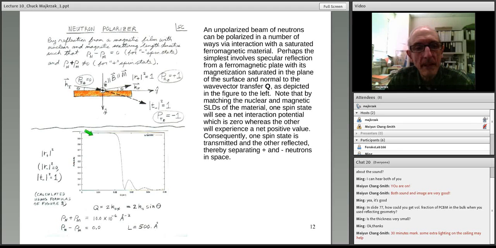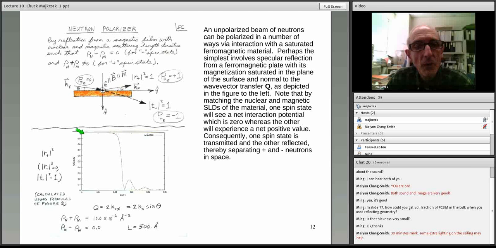So if I pick the materials, the nuclear and magnetic parts, to be such that these are equal, one of the spin states will effectively see no film, and the beam will go straight through that film, totally undeviated. The other spin state will see a potential of that film, a scattering length density that's the sum of the two, and be specularly reflected up to the critical angle that we talked about last Wednesday.